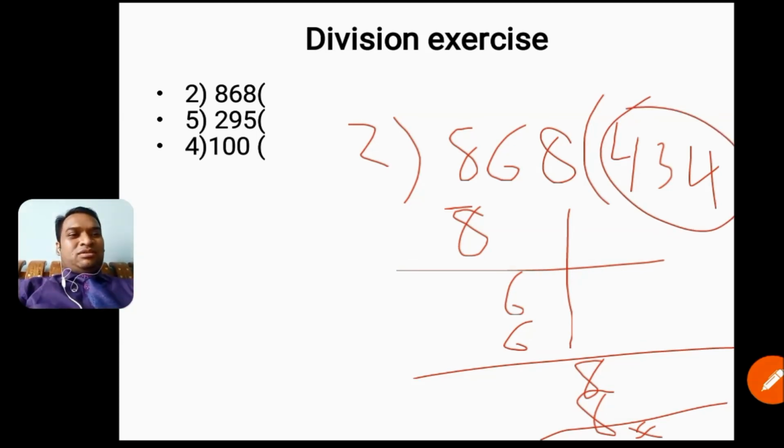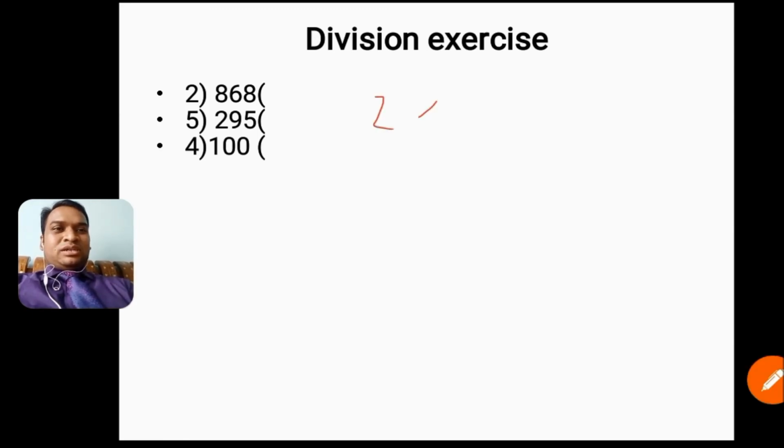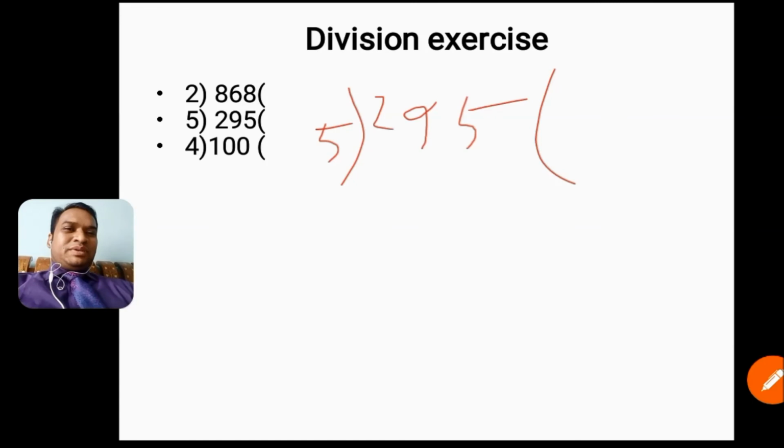Now let's do another one. If you want to divide 295 by 5, now we need to remember that the first number of the dividend is less than the divisor, so we'll take two numbers.